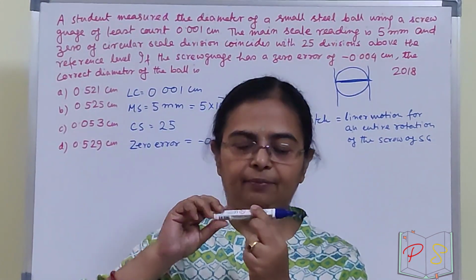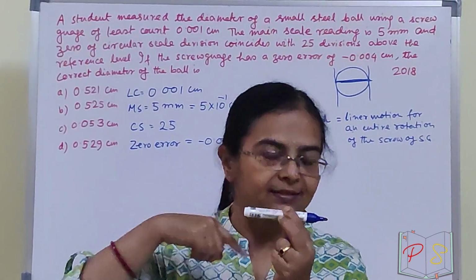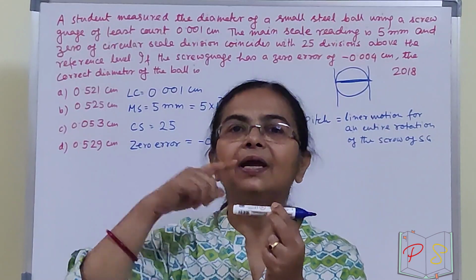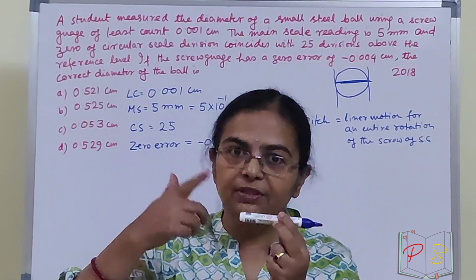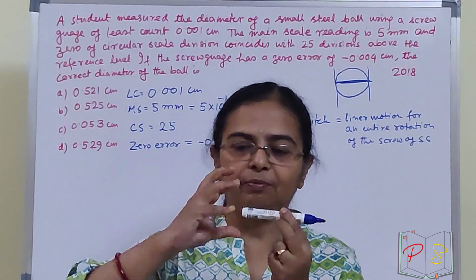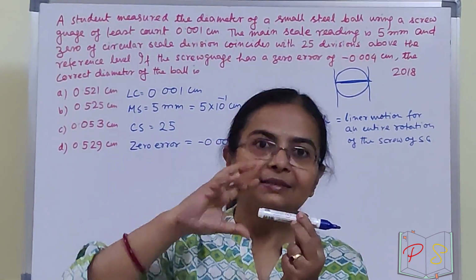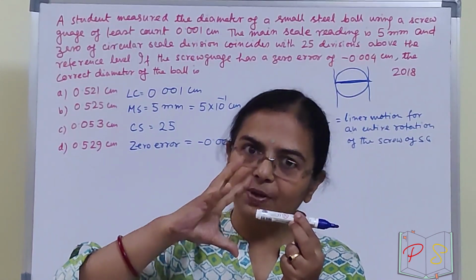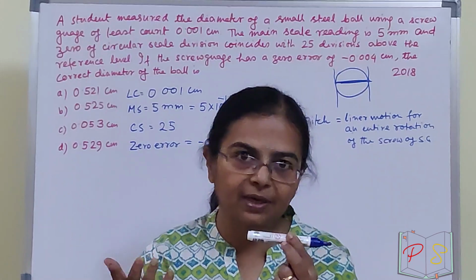And this screw has a circular scale. It may have 50 divisions, 100 divisions, 1000 divisions, many divisions it can have. The size of the screw could be bigger and bigger, so the circular scale could be bigger and bigger.